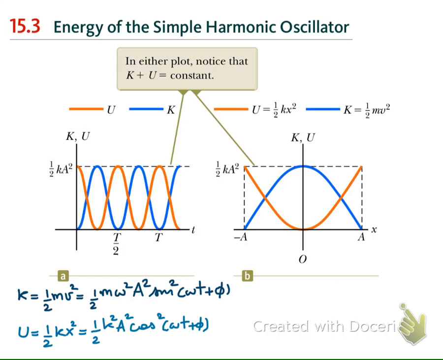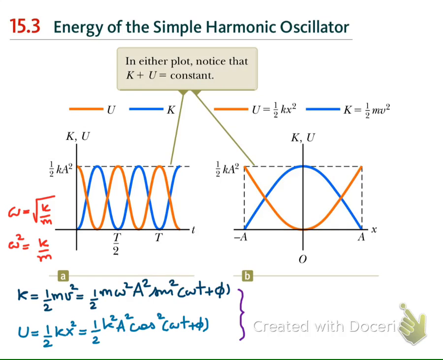So we have the expressions of K and U, but we also know that omega is equal to the square root of k over m, so omega squared is equal to k over m.